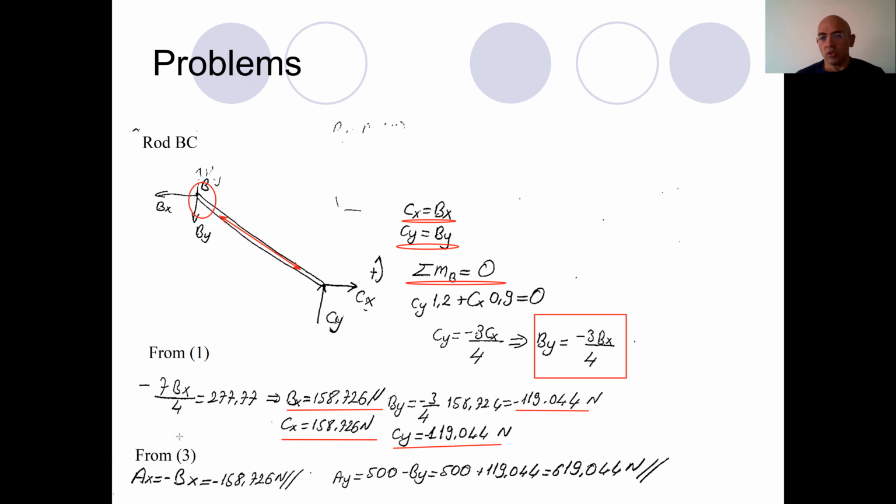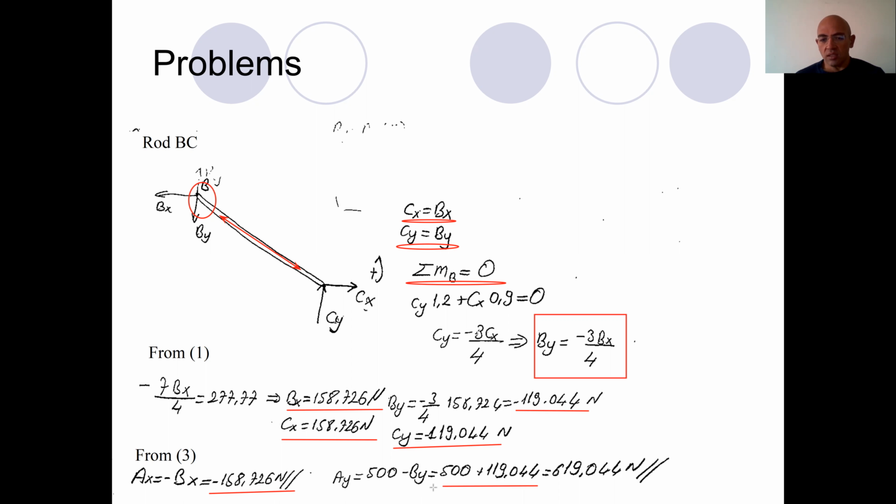Now we are asked for the forces at A as well. From here, I can easily obtain the forces. Ax is equal to minus Bx. So Ax is equal to minus 158.726. Ay is equal to 500 minus By. So that is 500 plus 119.044.